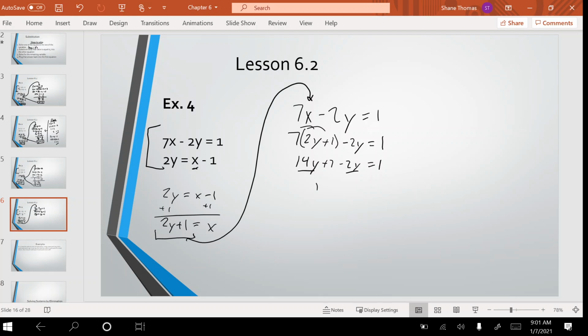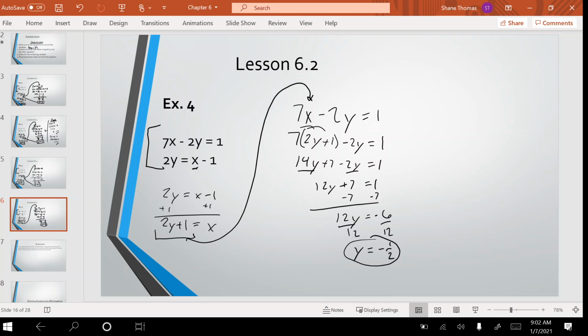Combine like terms, so I have 12y plus 7 equals 1. So I need to subtract a 7 from both sides. So I have 12y equals negative 6. Divide both sides by 12. Y is going to be negative 1/2.